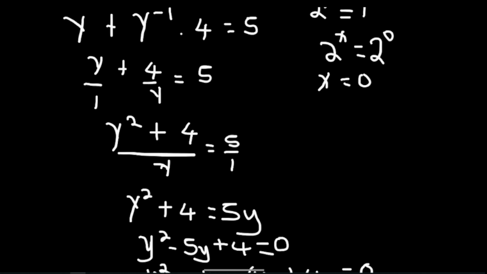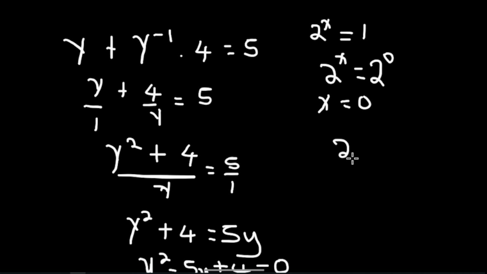I also found y as 4, so I can replace that and have 2^x equal to 4. This will become 2 to the power 2, and I'll obtain my x as 2.